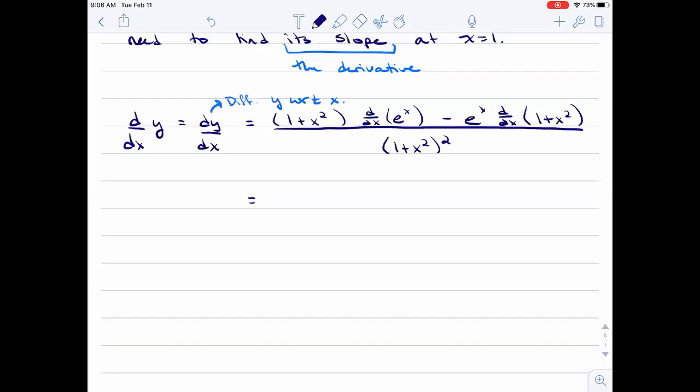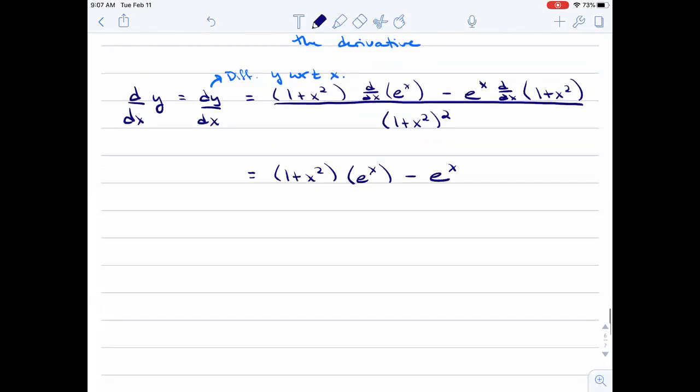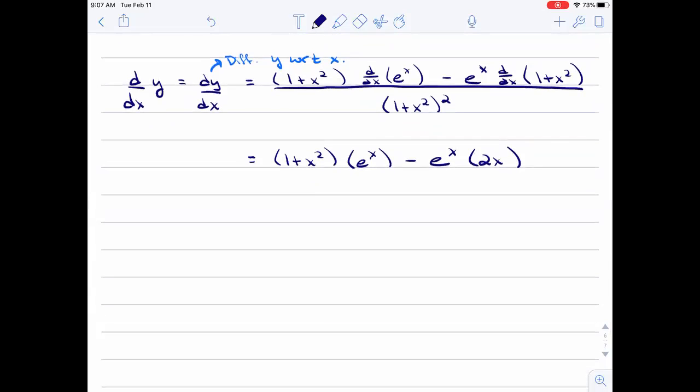So taking the derivatives in the numerator, we get 1 plus x squared just stays the same. The derivative of e to the x is just e to the x, minus e to the x times the derivative of 1 plus x squared, which puts me at 2x. Looks like I can pull out a common e to the x. So let's do that. Oh, I almost forgot.